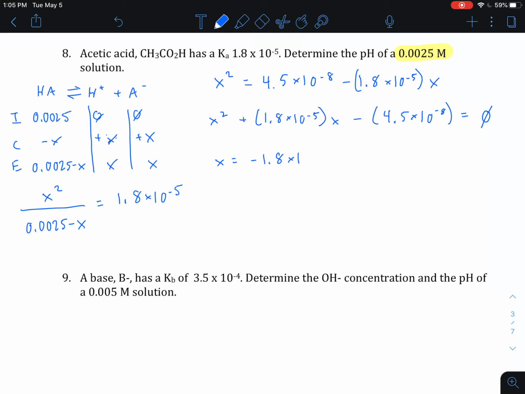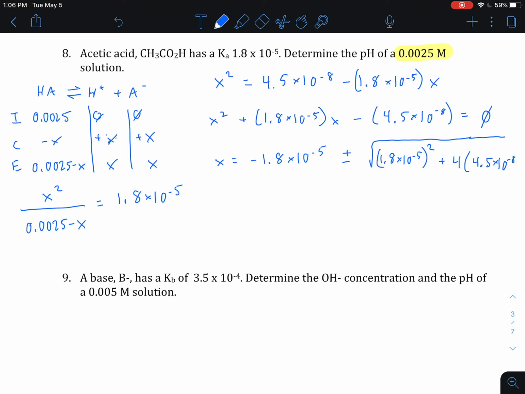So we can solve this with the quadratic formula. So we get x equals negative 1.8 times 10 to the negative 5 plus or minus the square root of b squared, so 1.8 times 10 to the negative 5 squared, minus 4ac.